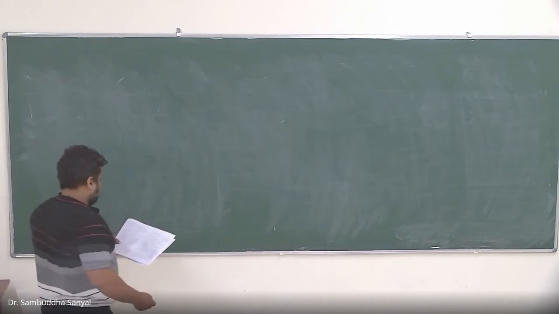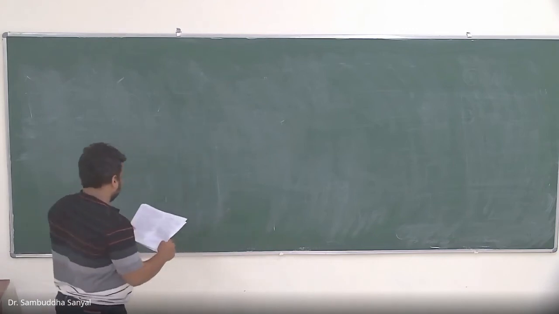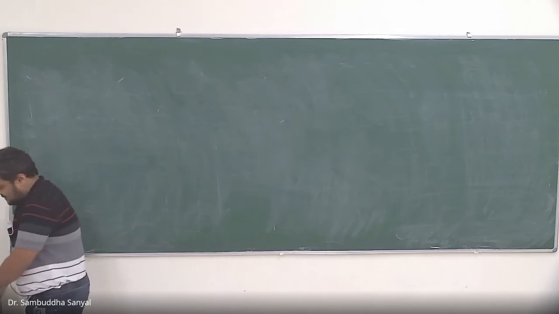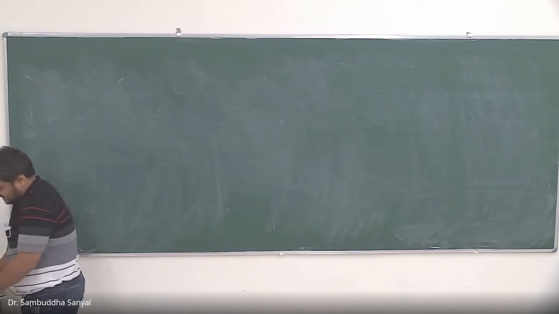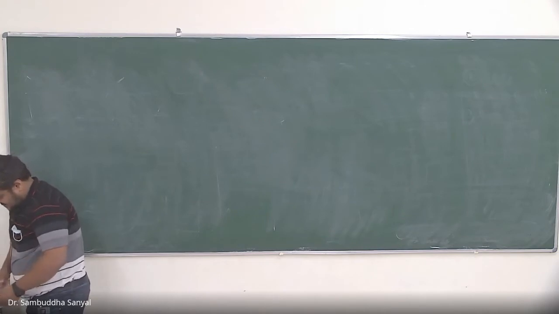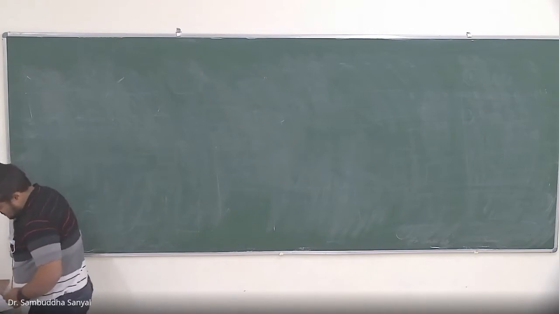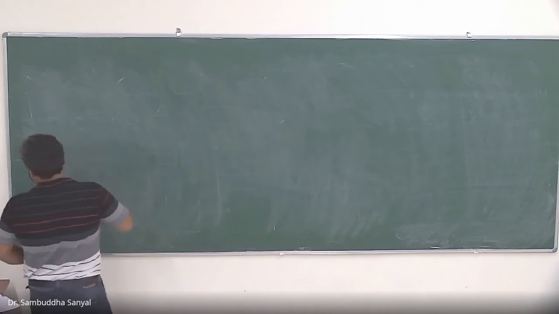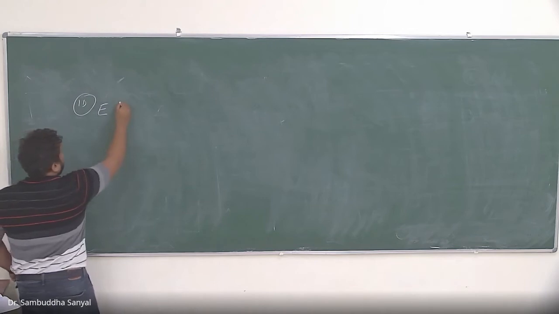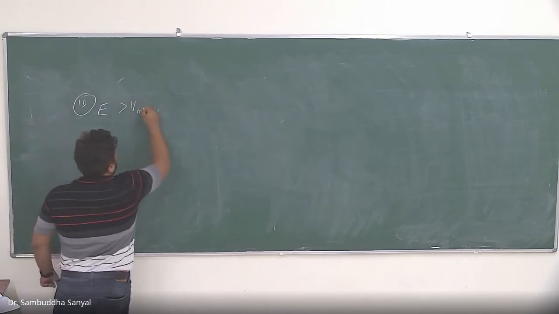Okay, let's start by, oh, one more thing I missed. Did somebody try to prove the point I mentioned last time? In a 1D problem, the allowed energies must always be greater than V minimum.